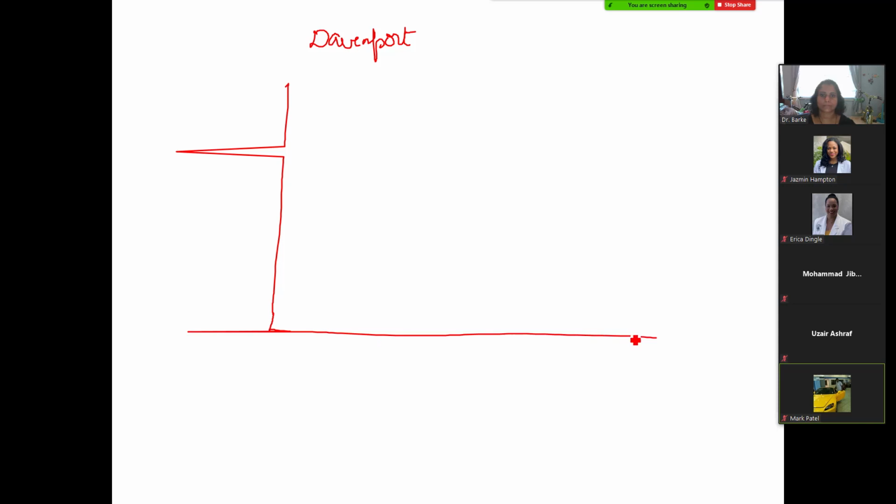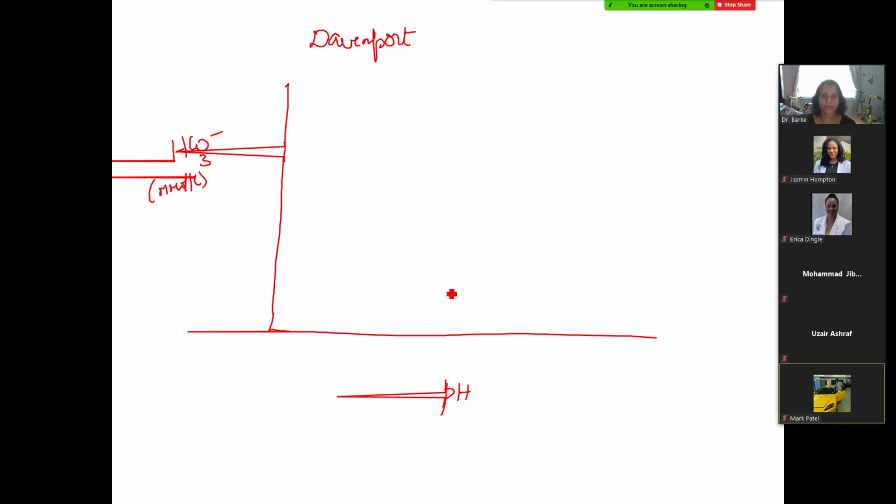Okay, next let's do the Davenport diagram, where the x-axis represents pH and the y-axis represents bicarbonate levels, in millimoles per liter or milliequivalents per liter.